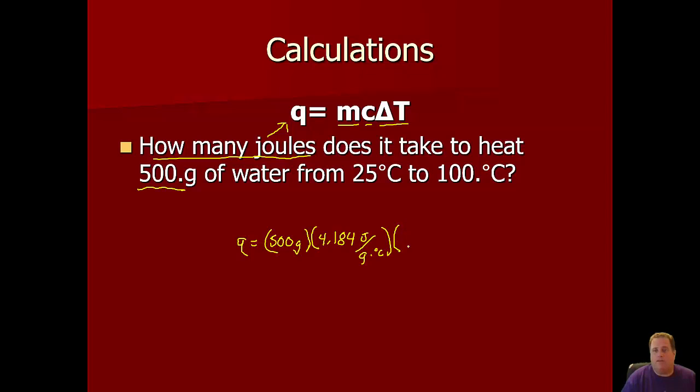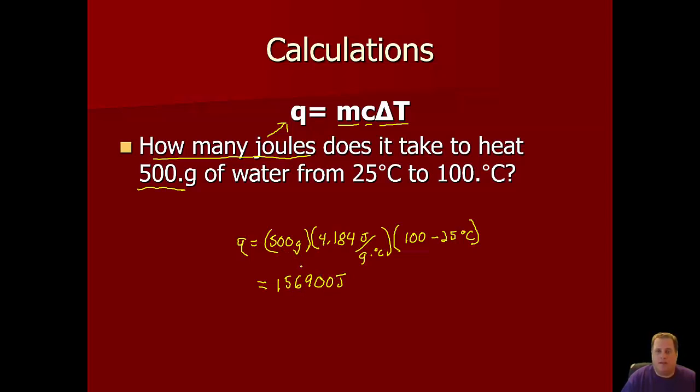Then we have T final minus T initial. That's what this triangle T is, delta T: T final, which is 100, minus 25. All we do is solve those. Mathematically, that comes out to 156,900 joules. Our joules get big pretty quickly.